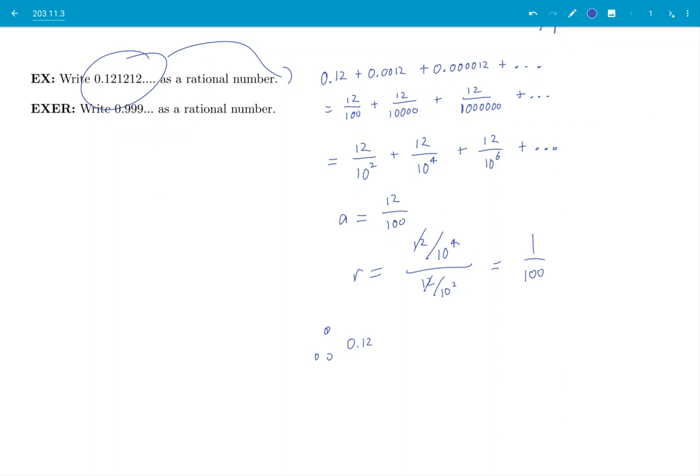So therefore my repeating decimal is A over 1 minus R, 12 over 100 over 1 minus 1 over 100, which is 12 over 100 over 99 over 100. So you get 12 over 99.